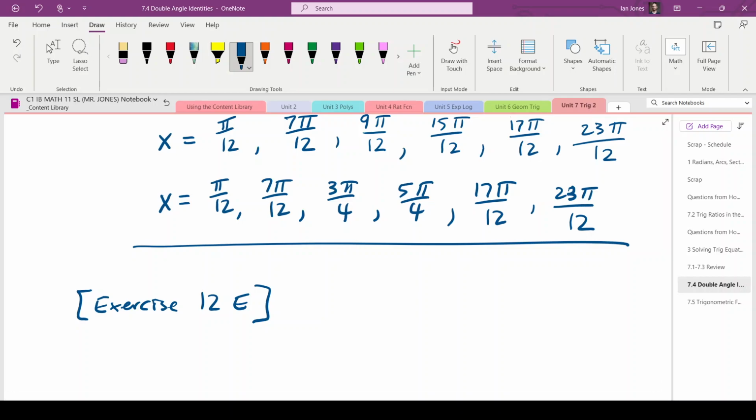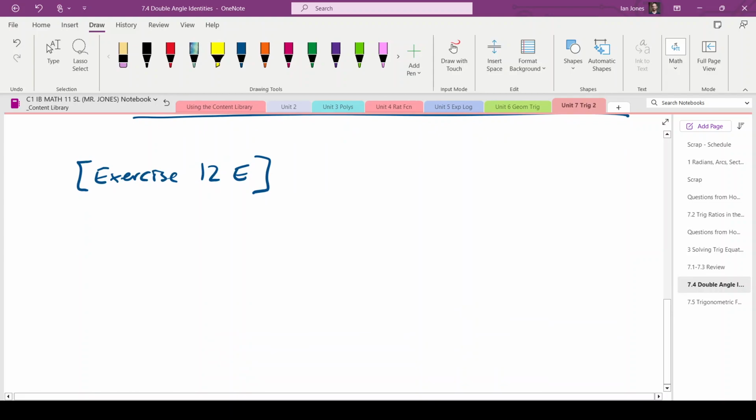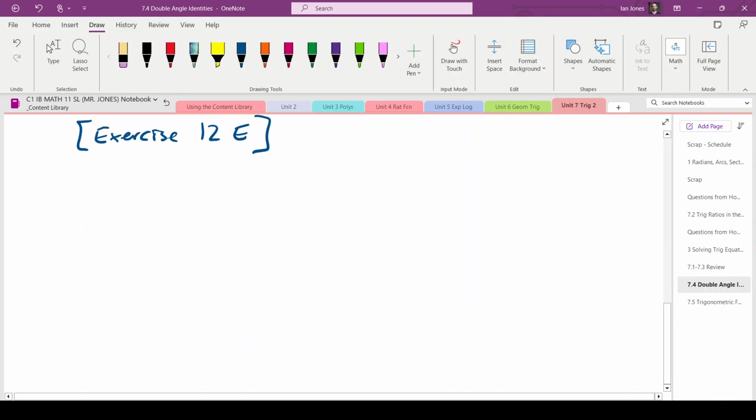Now, let's get into double angle identities proper. So in your textbook, you can have a look at the proofs if you want, but I'm going to just go through and state that sine of 2, should I use theta or x? It doesn't really matter, of course.